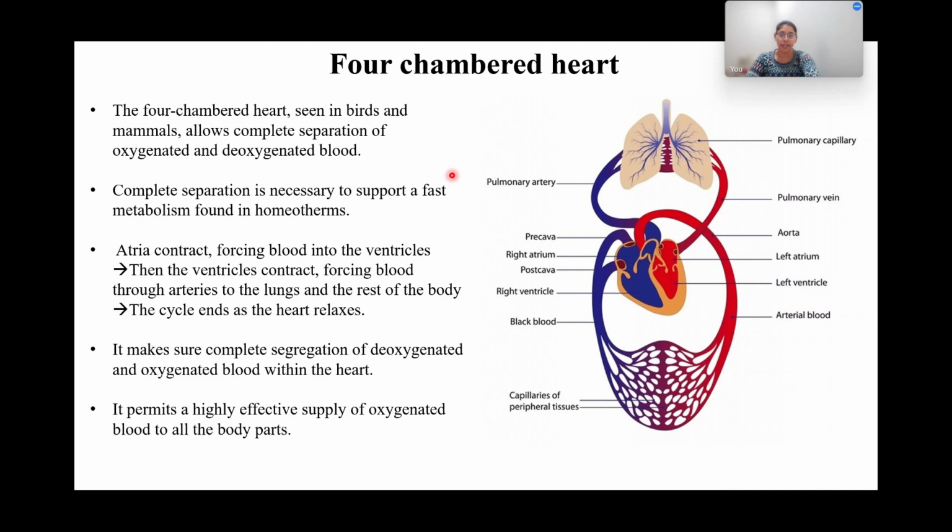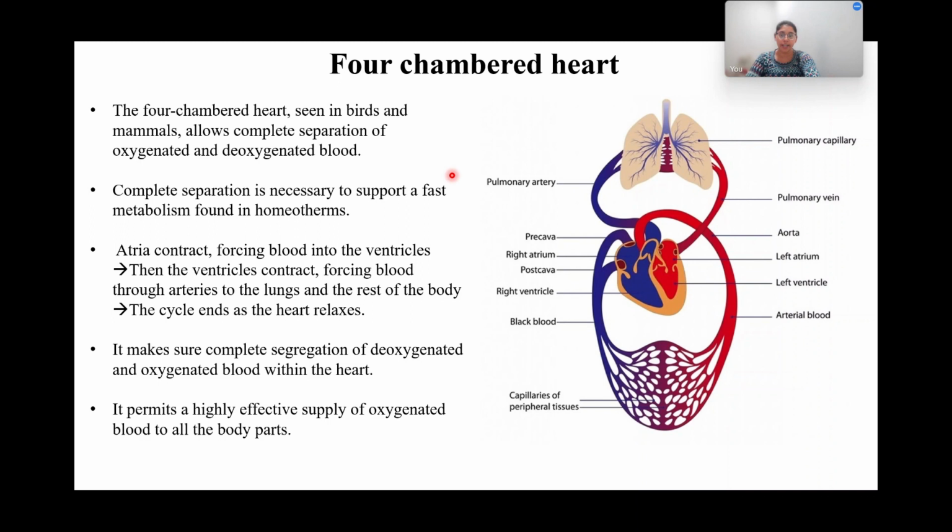Right? From the right ventricle, you have the blood moving into the pulmonary artery. I'll come to artery and vein in a moment. But the main purpose is to send deoxygenated blood to the lung, while this side will receive from the body at the atrium. So the right atrium receives the deoxygenated blood from the body, while the left atrium receives the blood from the lung.